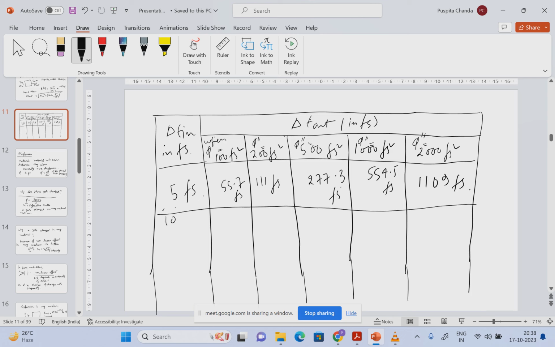For 10 femtoseconds, these numbers are 29.5, 56.3, 139, 277.4, and 554.6.